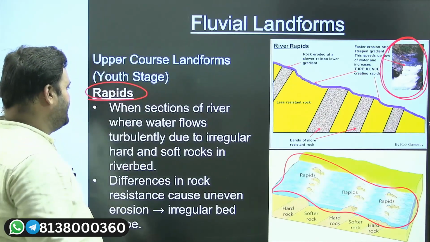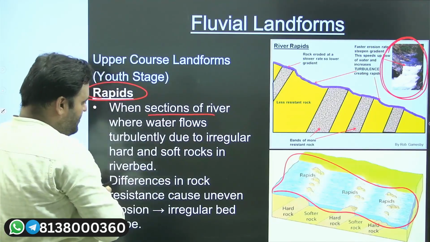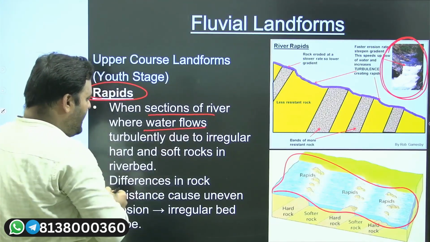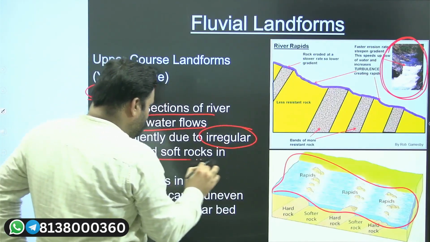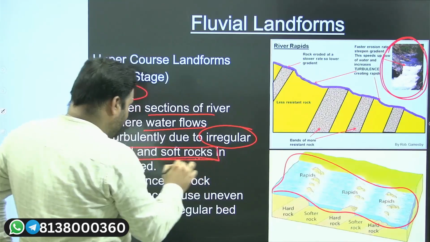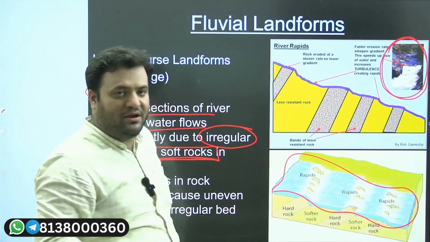So we can say that when there are successive sections where the water is flowing, and these sections are comprised of irregular hard and soft rocks, that is, when we have hard and soft rocks in the riverbed, that will result in rapids.